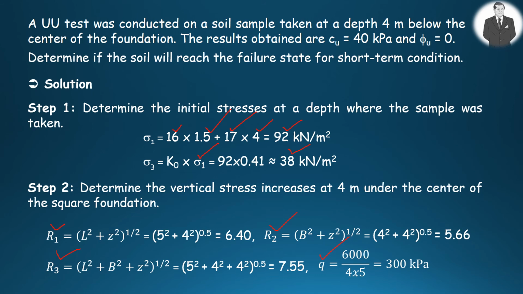R sub 1, R sub 2, and R sub 3 are dependent on length, width of foundation, and the depth under consideration. Q is the foundation pressure, which is obtained as a ratio between foundation load divided by the foundation area.